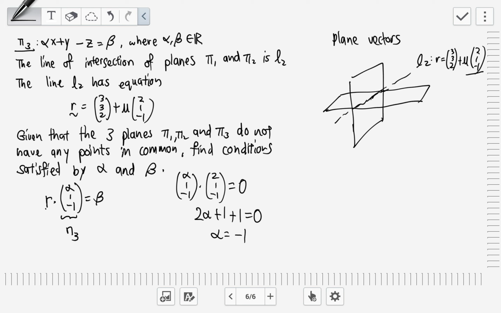So we have gotten alpha. We need to know what beta is.